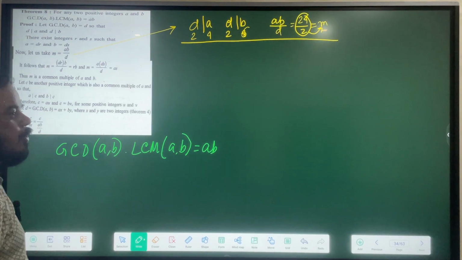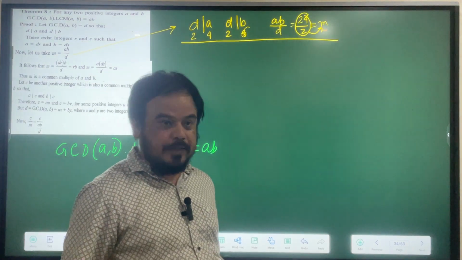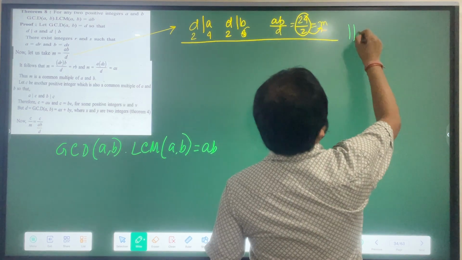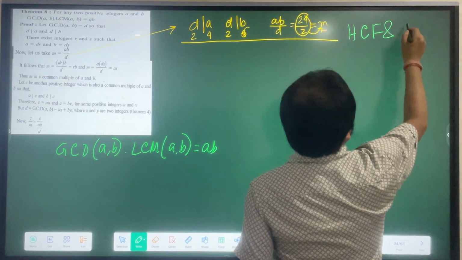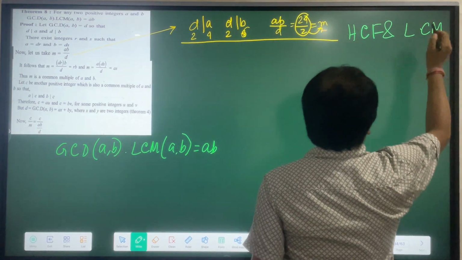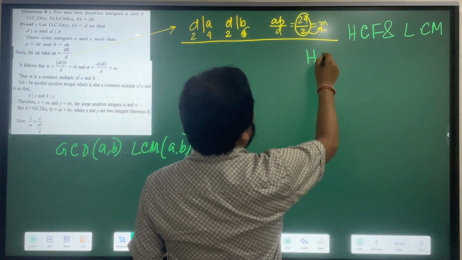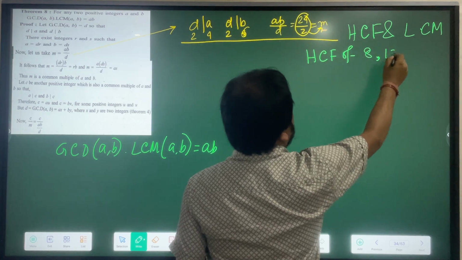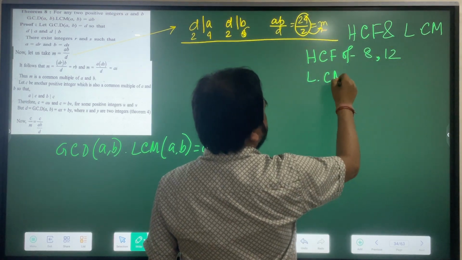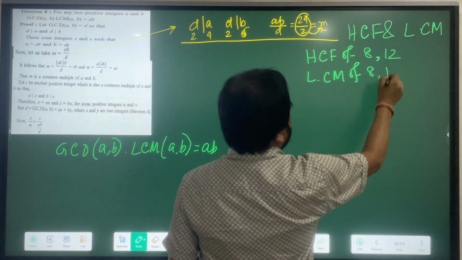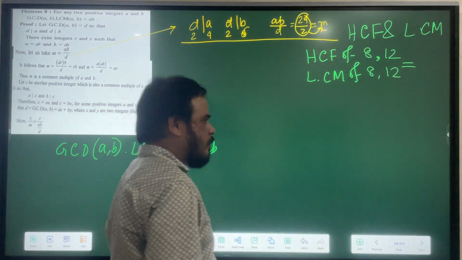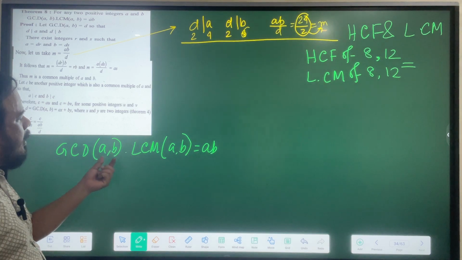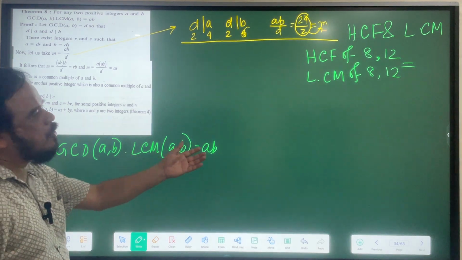This one I will show you an example with general maths like HCF and LCM. HCF of 8 and 12 into LCM of 8 and 12 is always equal to the product. This is what is given here: HCF of AB into LCM of AB equals AB.